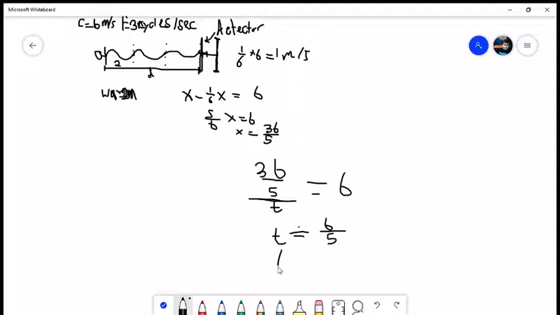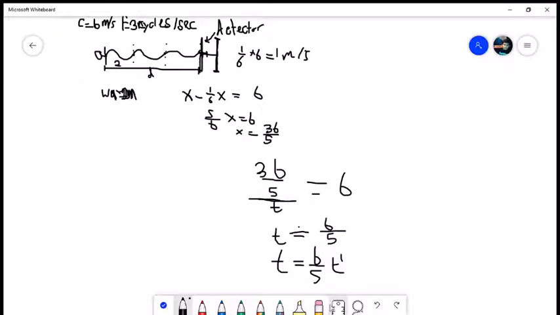So the time measured on Earth, or on the stationary detector, will equal 6 over 5 times the time measured by the moving detector. So this is the time of the moving detector.